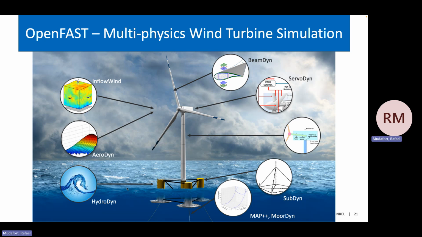Then it handles the structural dynamics, so ElastoDyn and BeamDyn. BeamDyn is a full geometrically exact beam theory model, which is used for the blades. ServoDyn handles all the controllers and interfaces to ROSCO, which I'll get into later.